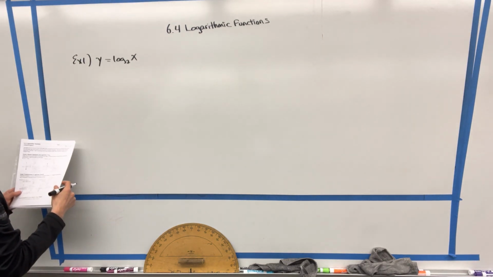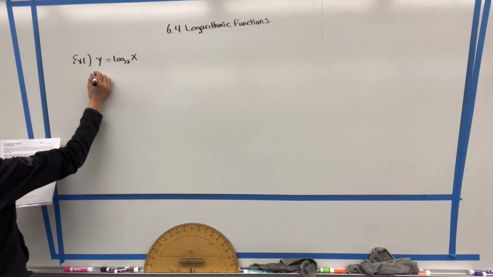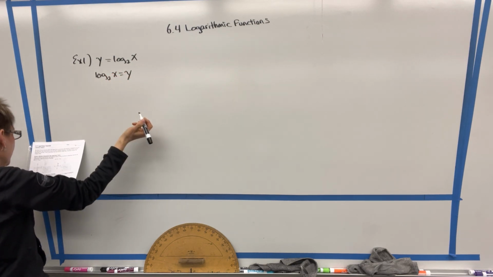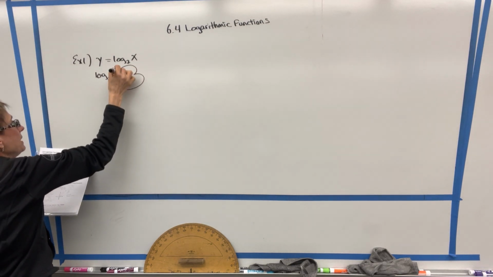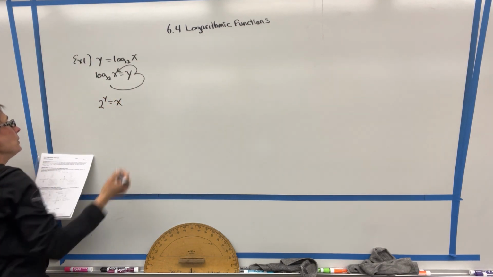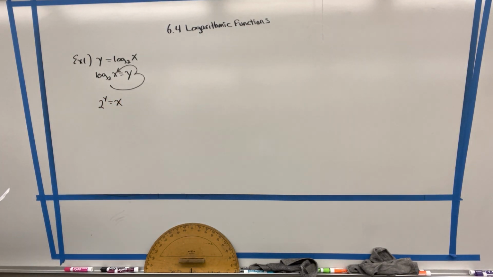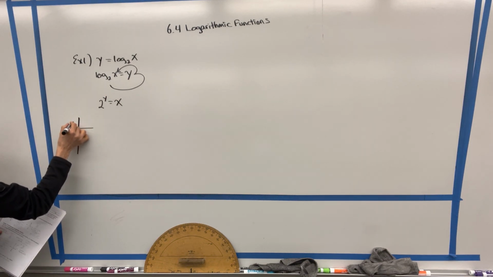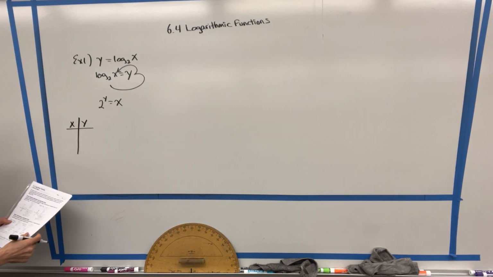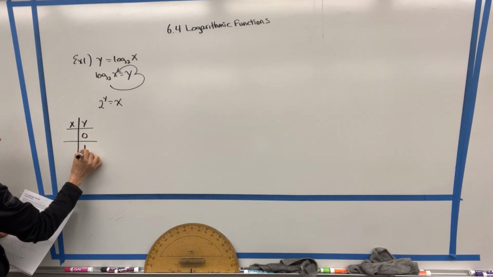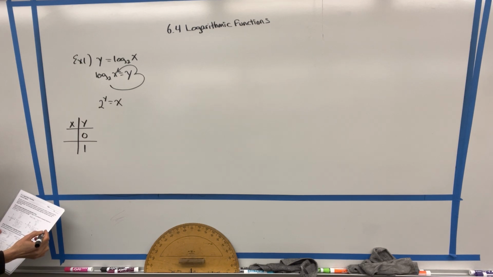So what I typically do is I rewrite this as log base 2 of x equals y. I put it in that order, so then it's a little bit easier for me to draw my heart shape. And I can see that this is equivalent to 2 to the power of y equals x. Then, when we want to graph these kinds of functions, in this case, we would put two values in for y, 0 and 1.